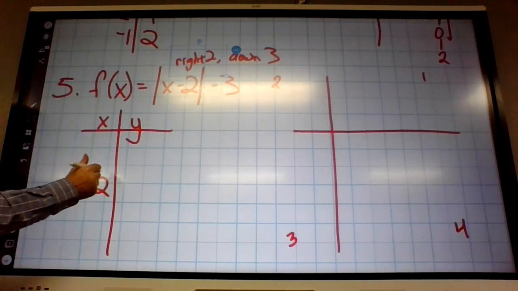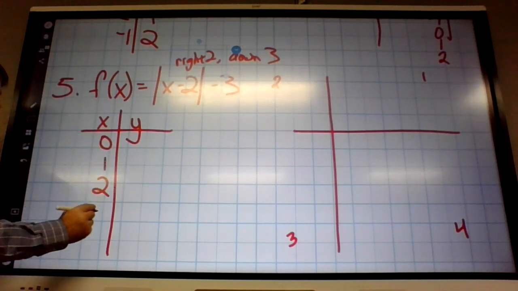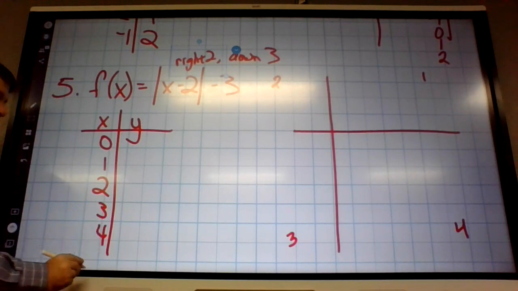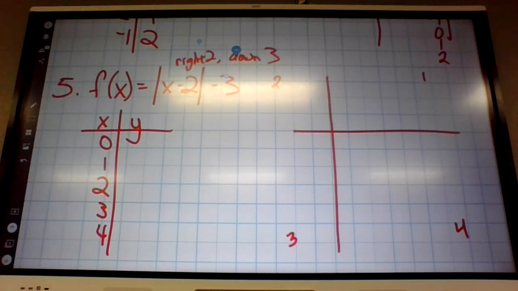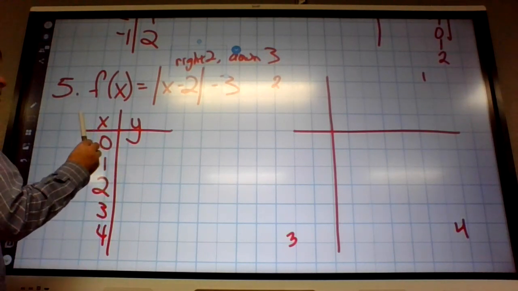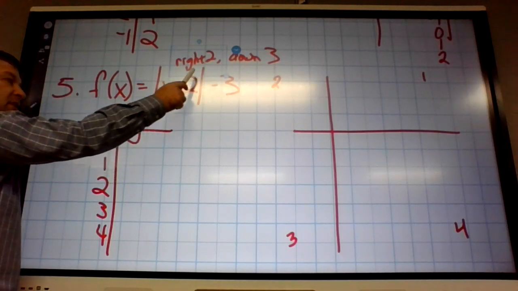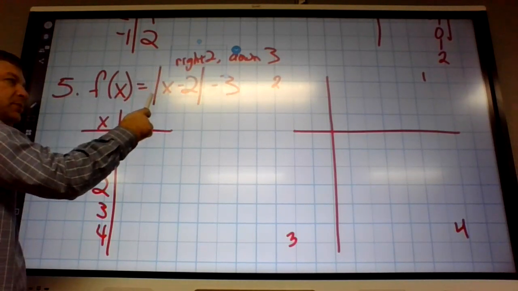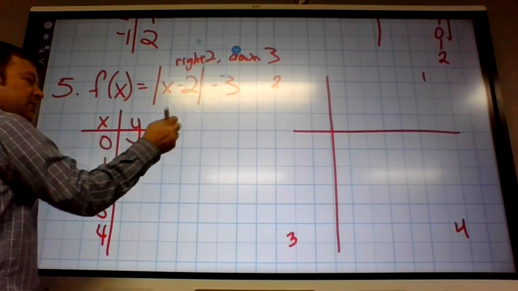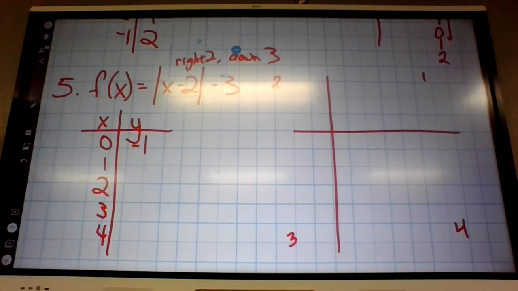So what are the numbers around 2? 0, 1, and 3, 4. So if I plug in 0, 0 minus 2 is -2. Absolute value is 2. Minus 3 is -1.